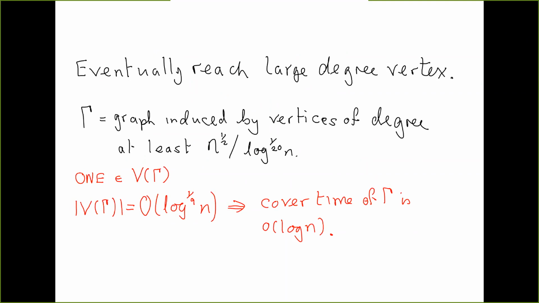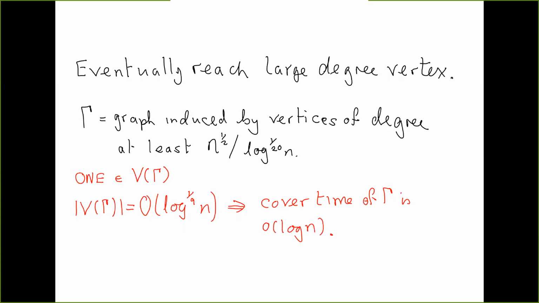Now we look at the graph that's induced by the vertices of high degree. There are not many of them, only order log to the 9th n of them. So the cover time of this graph is little o of log n. What's the cover time? When you wander around this graph, in the cover time you'll have visited every vertex.